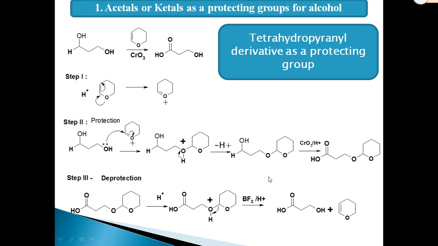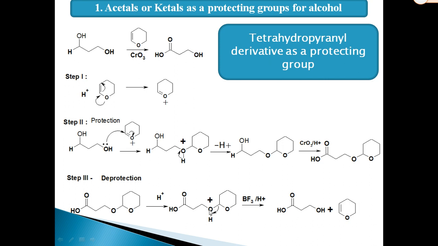So now we want to remove this hydroxy, we want to deprotect this hydroxy group. For the deprotection of the hydroxy group, in acidic condition, in presence of boron trifluoride, H positive adds on the lone pair of the oxygen atom.